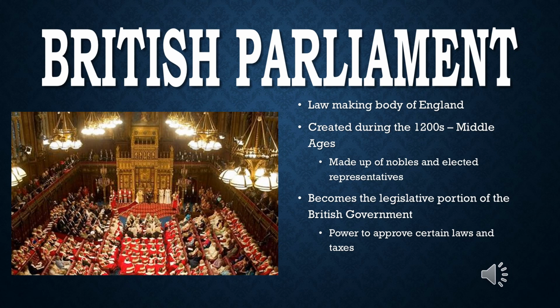Okay, so they'll end up with that bicameral system. This is their legislative portion, like I said, and it gives the power for them to approve certain laws and taxes. And this is run off of nobles in one house and elected representatives in the other, so like the House of Commons.